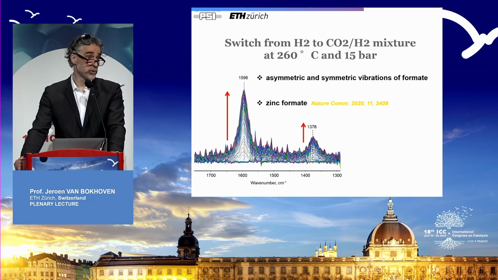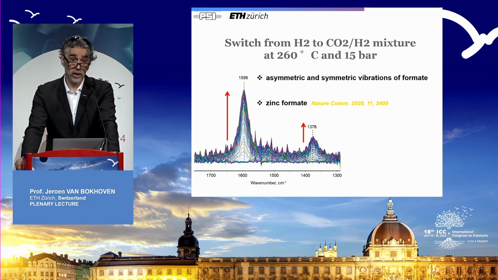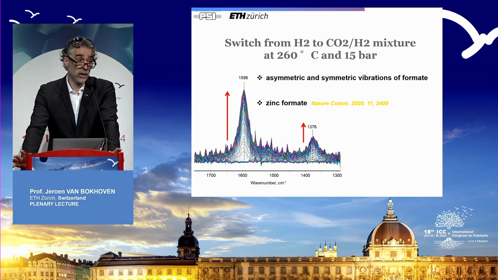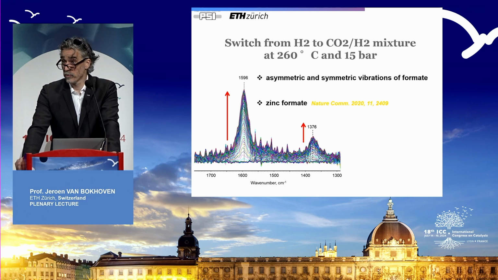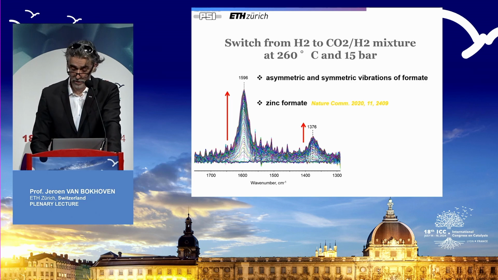This is a very highly active and a very selective catalyst for this reaction, certainly at the lower temperatures. So if we do the same switching experiment with carbon dioxide 12 to carbon 13 carbon dioxide, the formate starts rapidly forming. That's very similar to what we've seen in the copper zinc oxide system. Because we see something very similar, we assign the formate to the zinc formate based on the previous experiments.